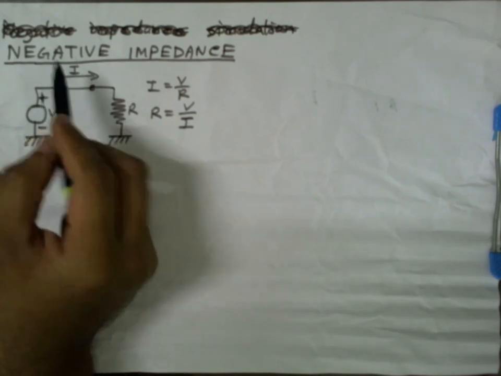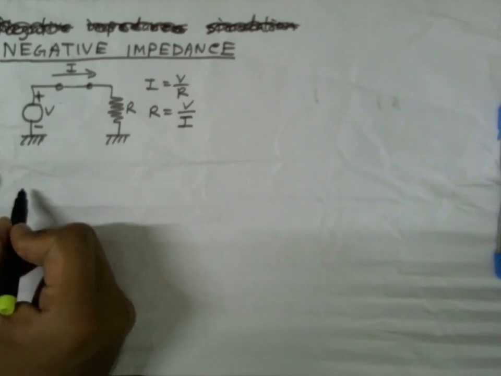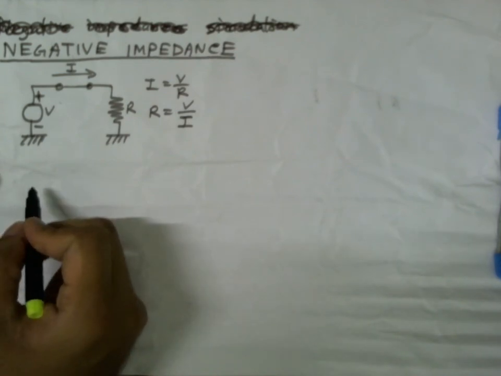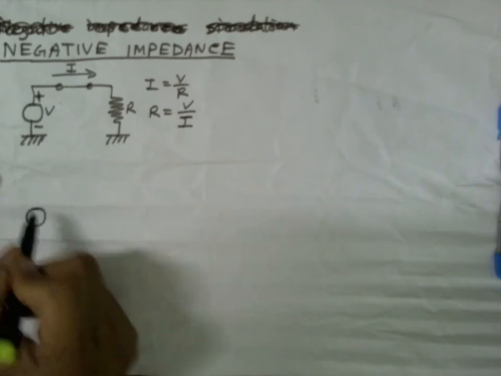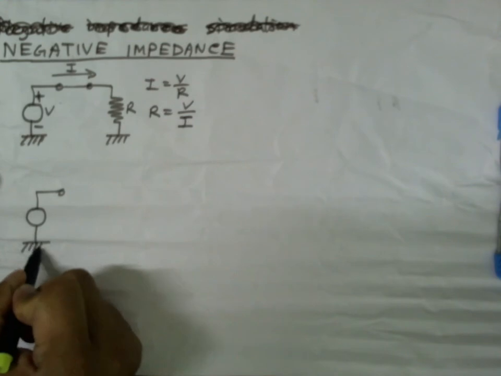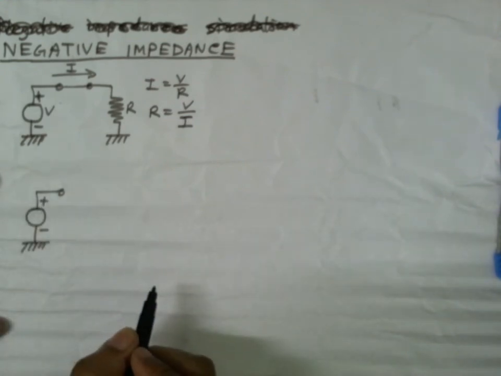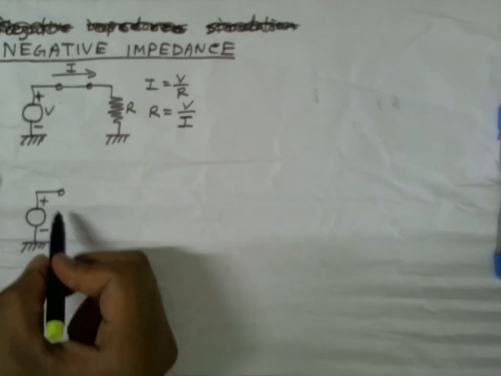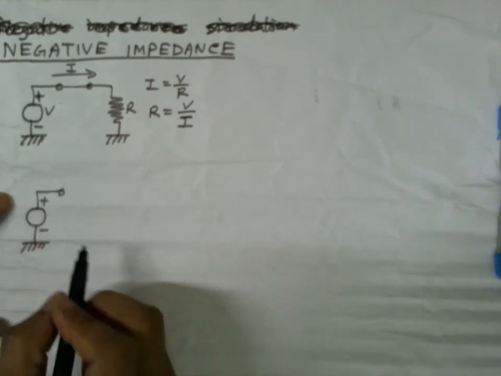Now if I could make an arrangement which behaves as follows, where I have this voltage source once again with two terminals, one terminal is grounded and I call this one minus, the other one plus. So that's my chosen reference for the voltage.